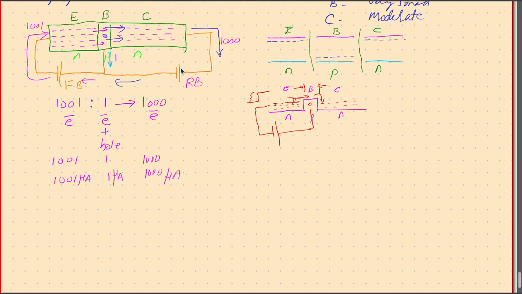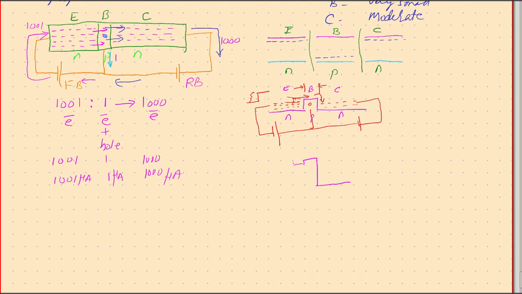But as we discussed here, we want to take them out, and for taking them out we connect this in this form. Now when we connect this, what would happen to this energy diagram is, this was our base, the emitter side gets elevated, whereas the collector side is pulled down.